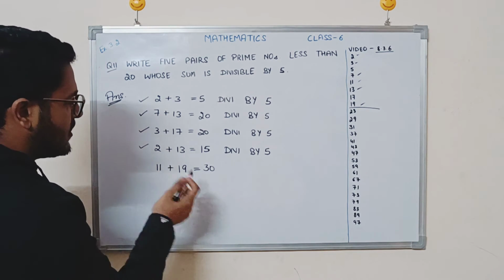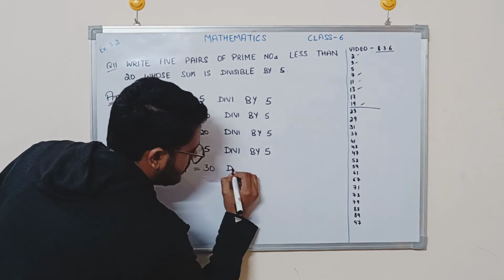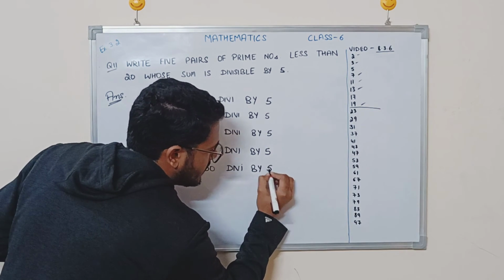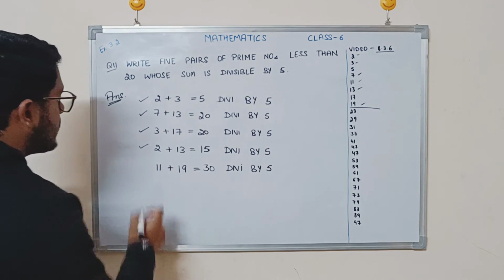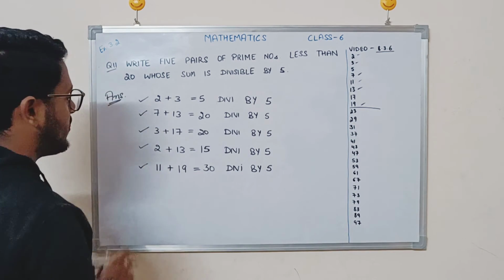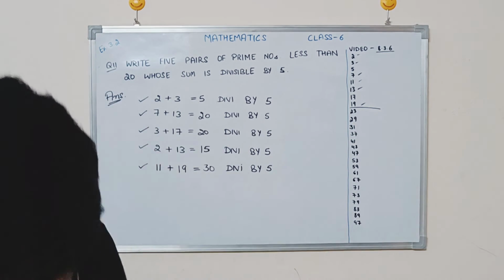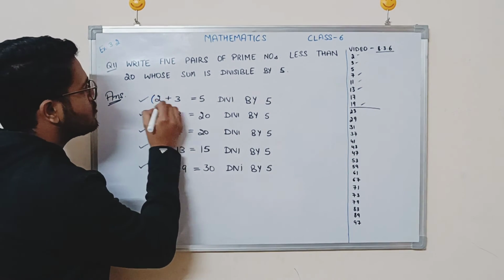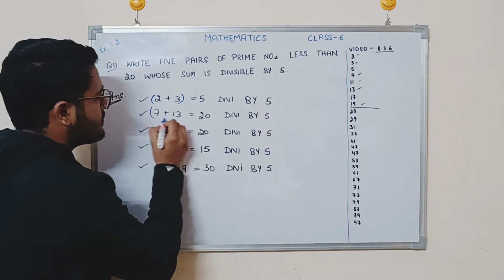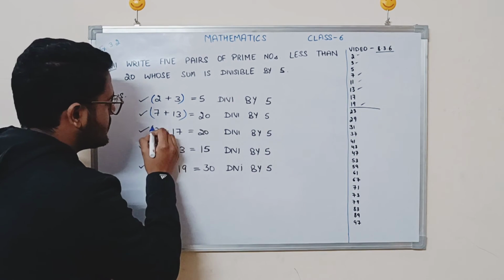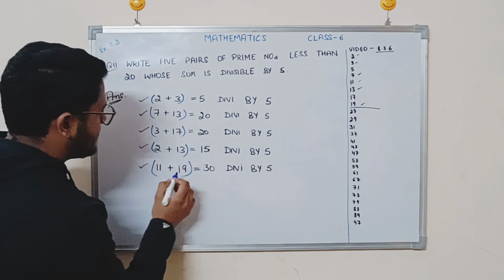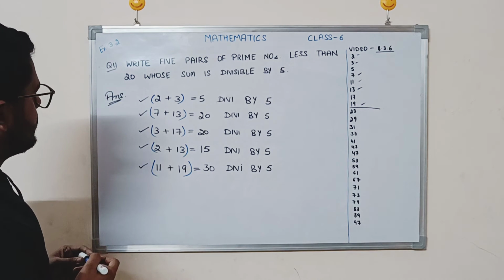So this is also a valid combination, also divisible by 5. So we got our 5 pairs: 2 plus 3, 7 plus 13, 3 plus 17, 2 plus 13 and 11 plus 19.